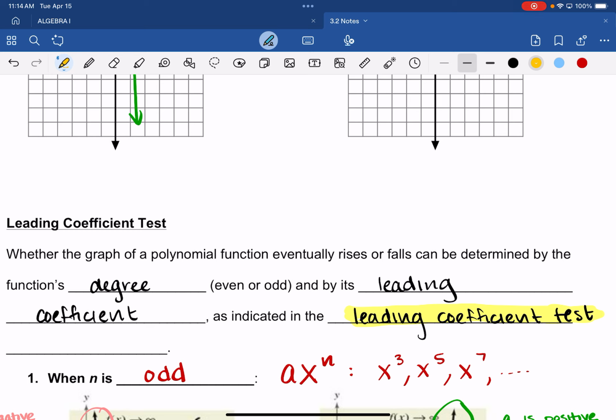Now, leading coefficient test is a fancy way of talking about end behavior. Okay? So end behavior, leading coefficient test, they're talking about the same thing.